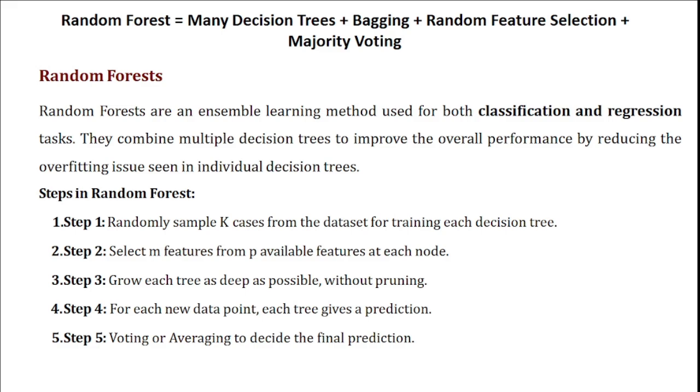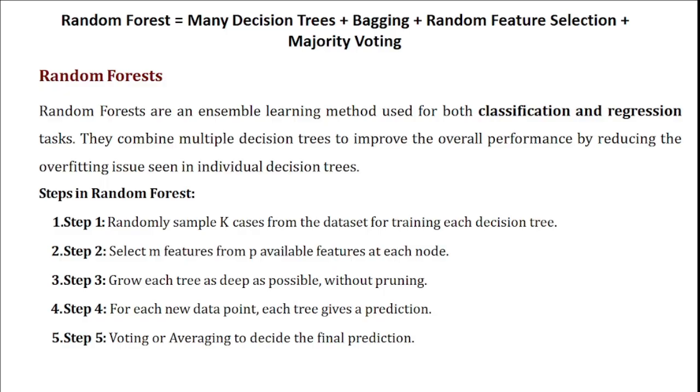What are the steps used in random forest? Step number 1, randomly sample k cases from the dataset for training each decision tree. Step number 2 and 3 vary. In step number 2, select m features from p available features.